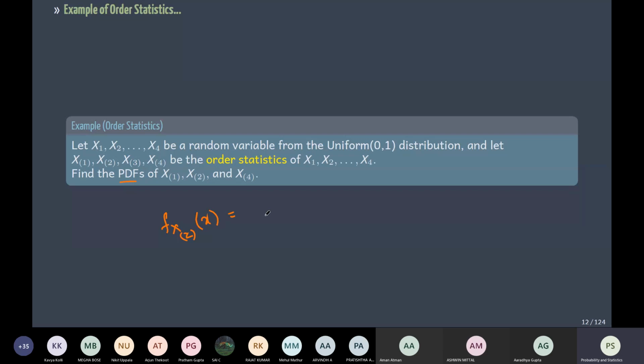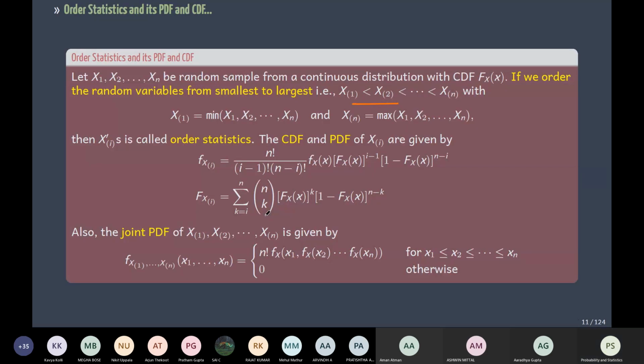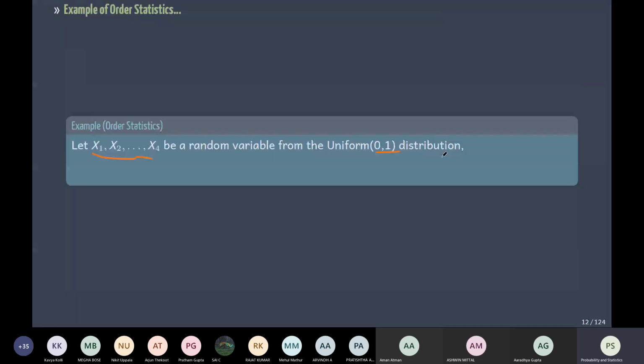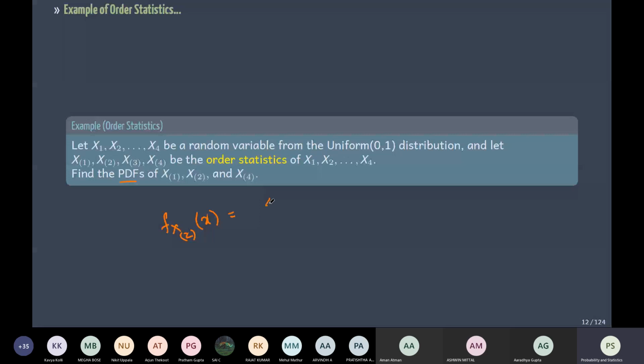This will be n factorial by (i minus 1) factorial times (n minus i) factorial. Here n is 4, right? So it is 4 factorial, then (2 minus 1) factorial, then (4 minus 2) factorial, then fx(x), then Fx(x), the CDF, raised to 2 minus 1, and then (1 minus Fx(x)) raised to 4 minus 2.